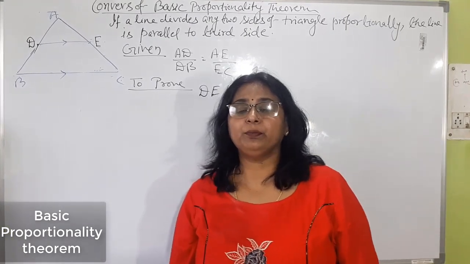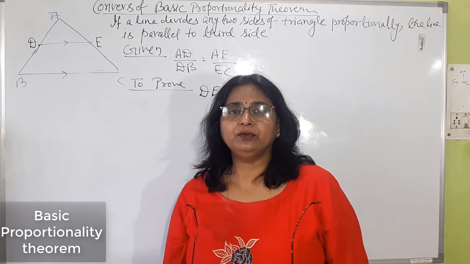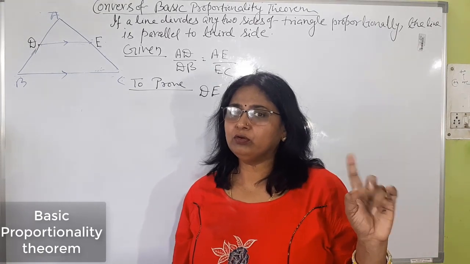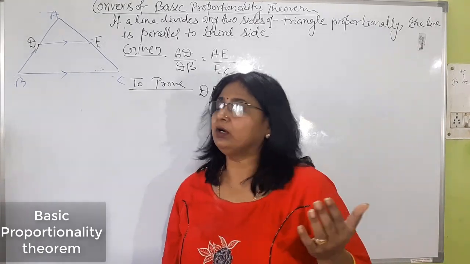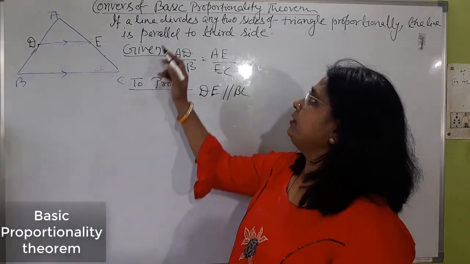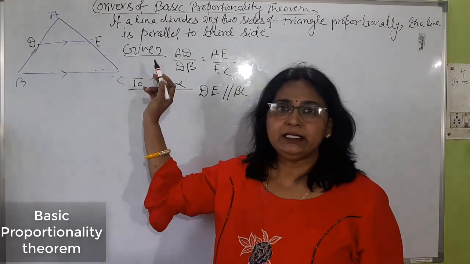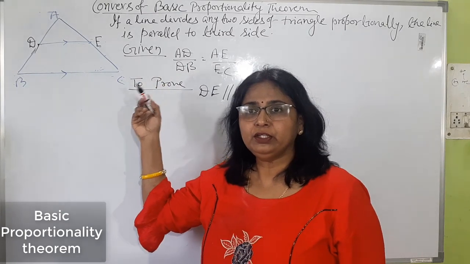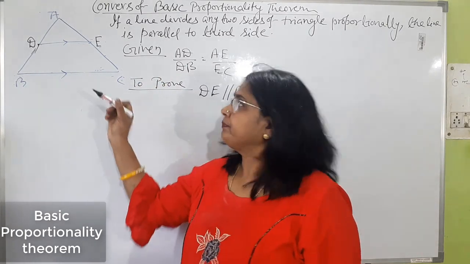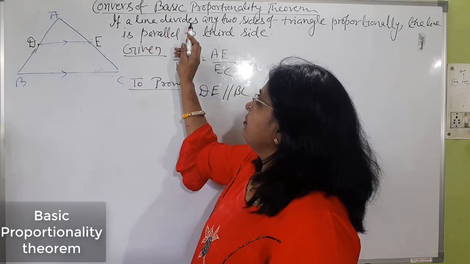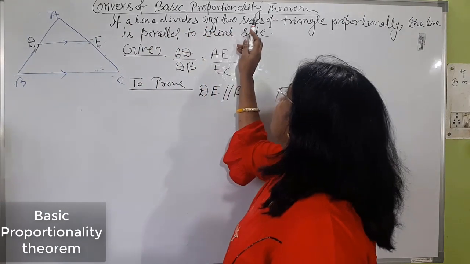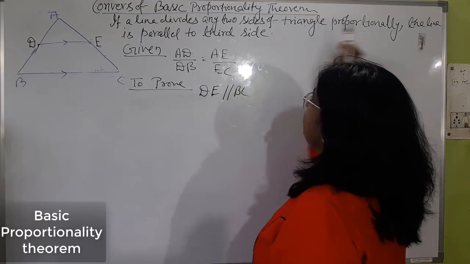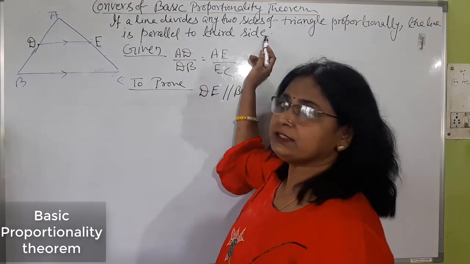Today my second topic is the converse of the basic proportionality theorem. Basic proportionality theorem is over. Now the converse. First understand what the converse is. If a line divides any two sides of a triangle proportionally, the line is parallel to the third side.